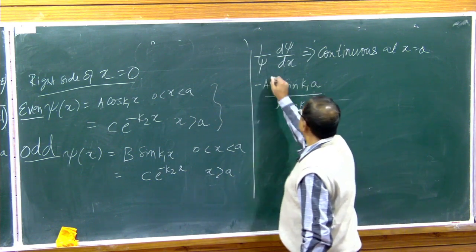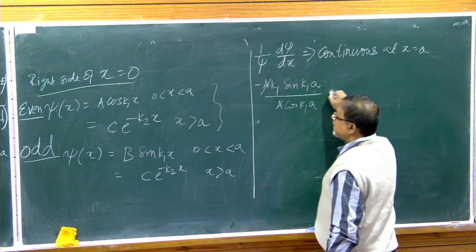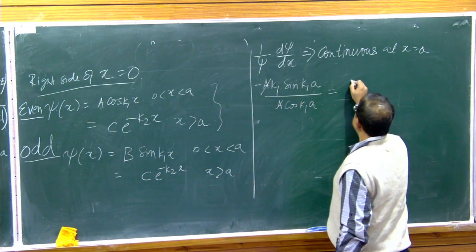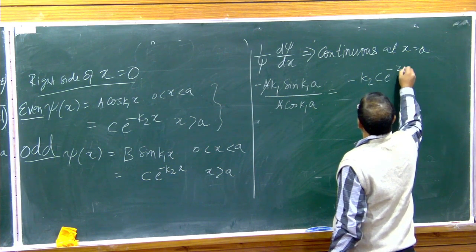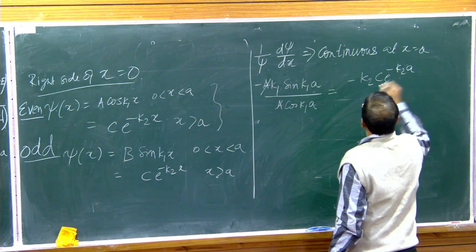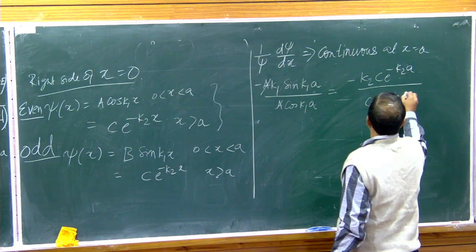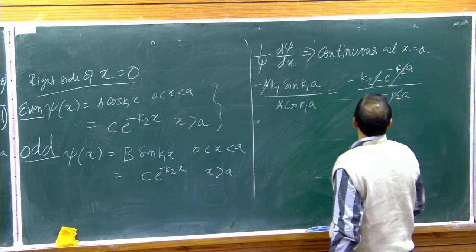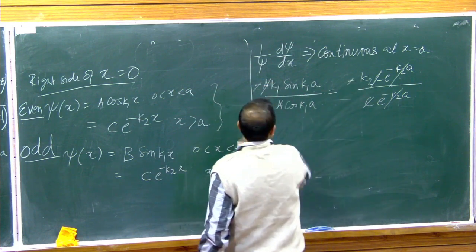So this will cancel and there will be a tan k1 a, and this has to be matched with minus k2 C exponential minus k2 a divided by C exponential minus k2 a. So the C will cancel and so on, and the minus sign will cancel from both sides.